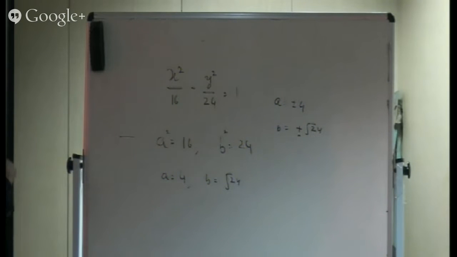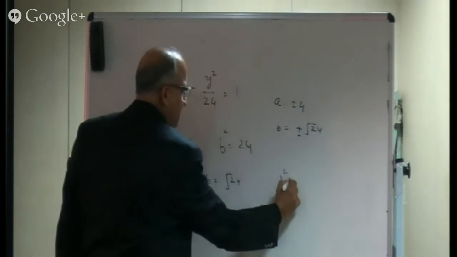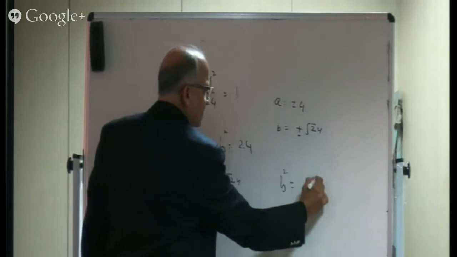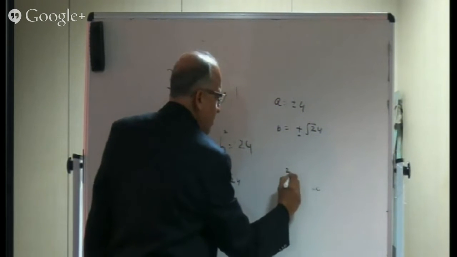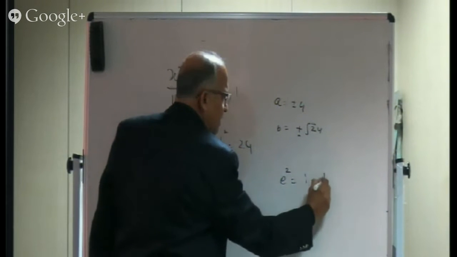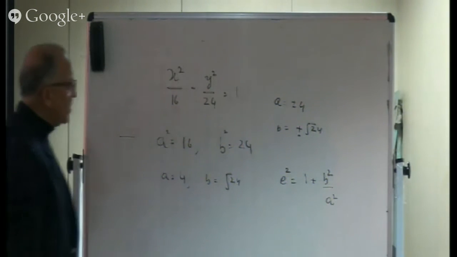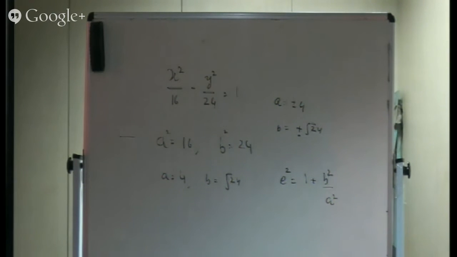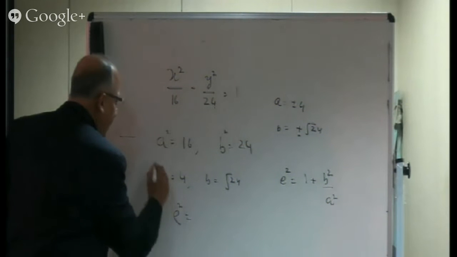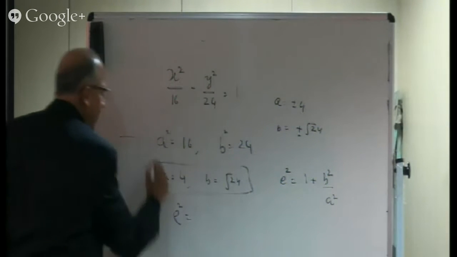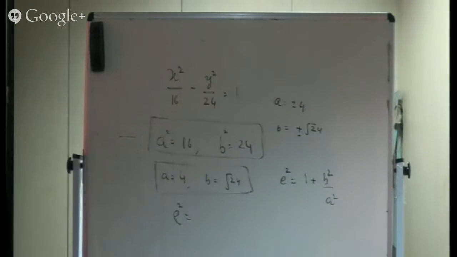Now you know that relation. What was that? e square is equal to 1 plus b square over a square. You can see in this case, can we find the value of e? In fact, we need not find these values. These values are sufficient in order to find out the value of e.